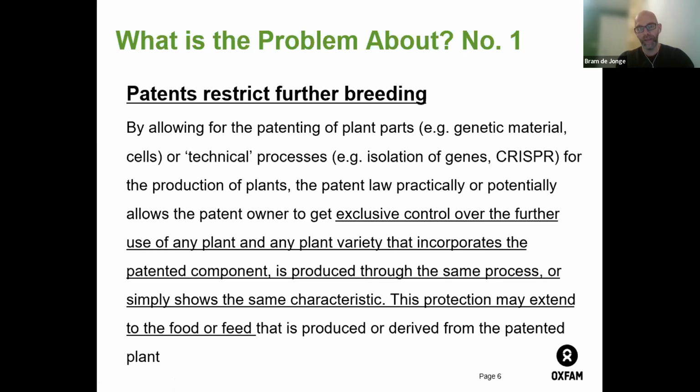And this protection may extend to the food or feed that is produced or derived from the patented plant.